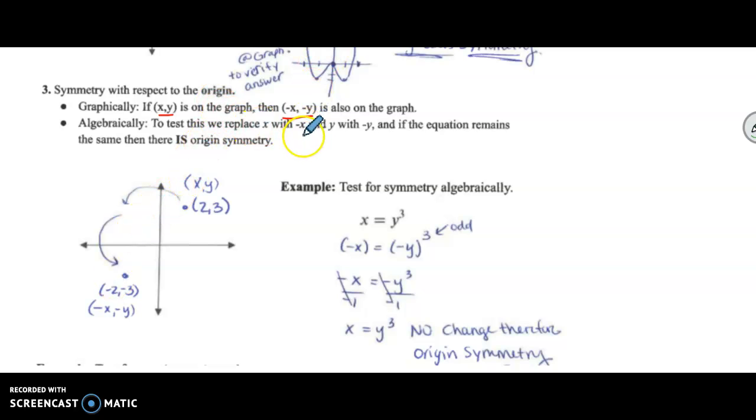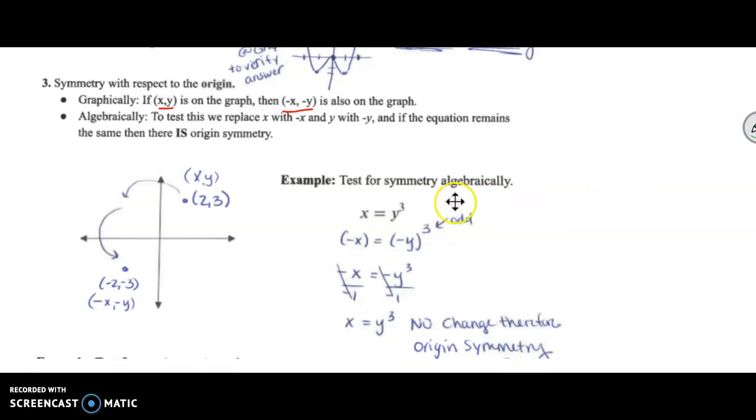This time we replace both x and y with negative x and negative y. Again, same idea: if the resulting equation is the same as the original equation, then there is symmetry. So here we have x equals y cubed.